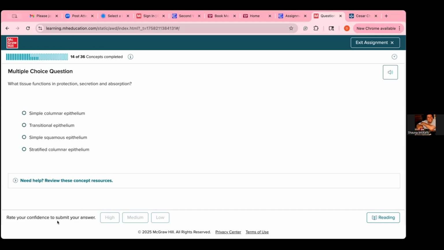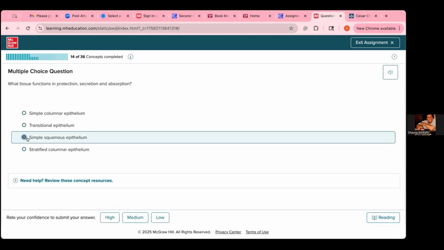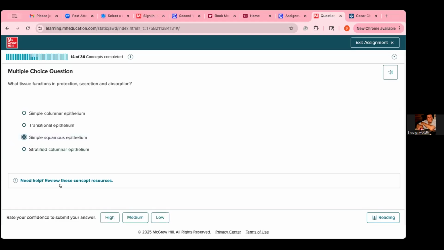What type of epithelium? That's simple squamous epithelium. Simple squamous epithelium is that one.